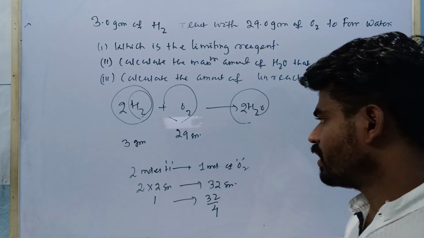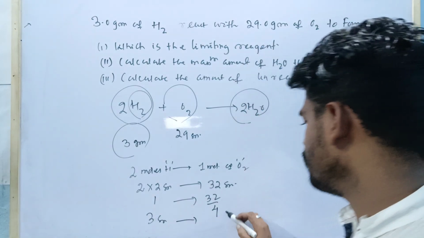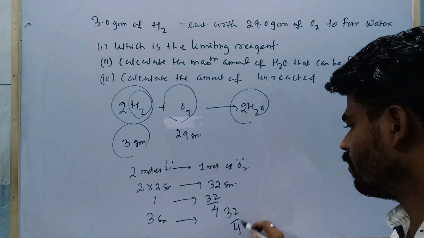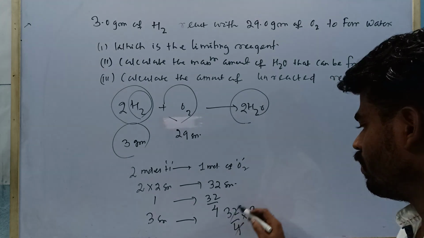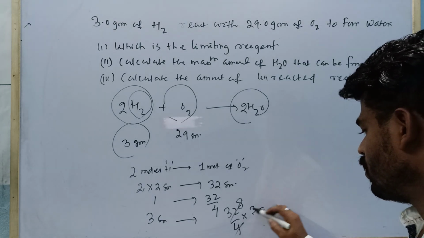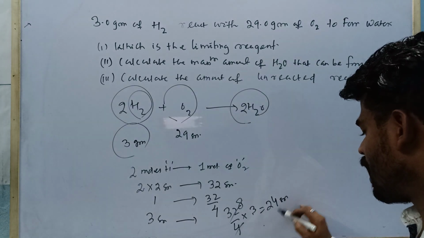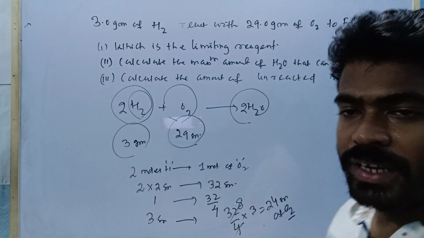For 3 gram of hydrogen, how much oxygen do you need? 32 by 4 into 3, so 4 eights are 32, that will be 24 gram of oxygen required. But here oxygen is given as 29 gram.